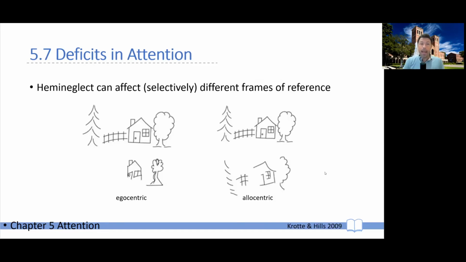Now, interestingly, I have to admit, HemiNeglect can be very funky in the way in which it presents. But a couple of standard ways in which it presents can be either with respect to an egocentric frame of reference or an allocentric frame of reference.